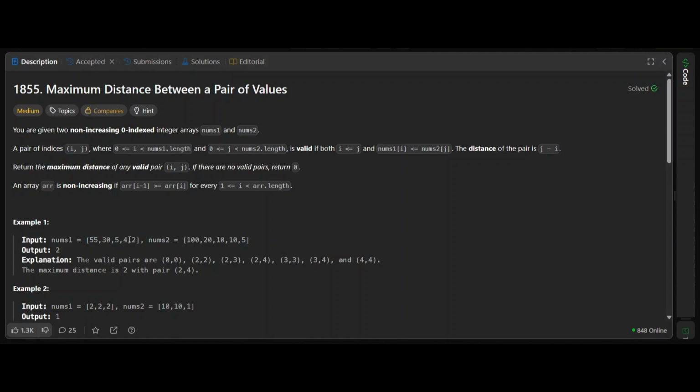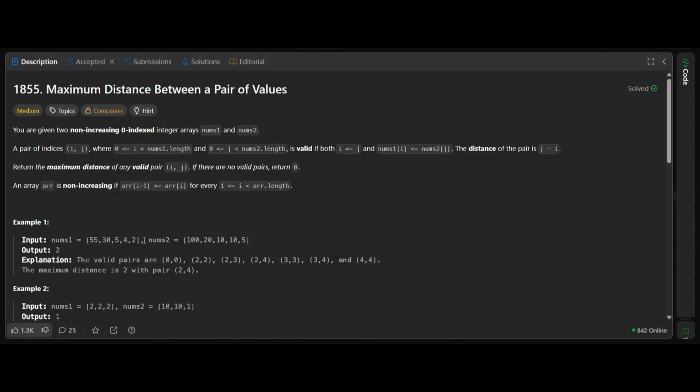If my i is 3, I cannot start from 0, because that would not be valid: according to the question, j needs to be greater than or equal to i.